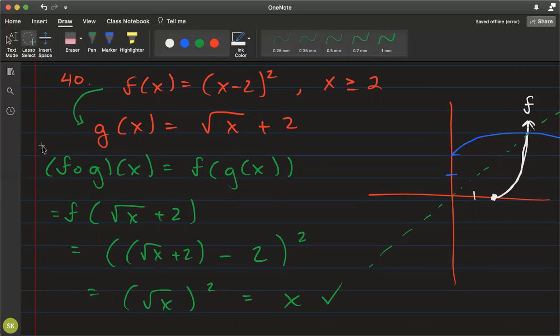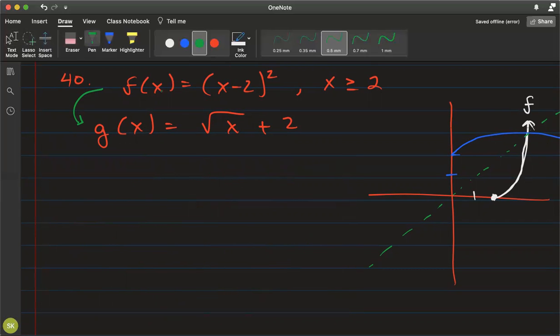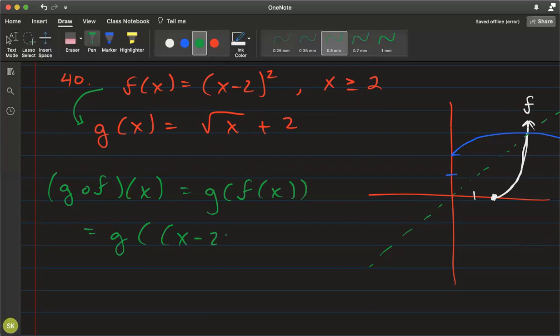So that works. Now if you do g composed of f of x, you're going to get g of f of x, which is g of this (x minus 2) squared. So I'm going to put that in that square root.